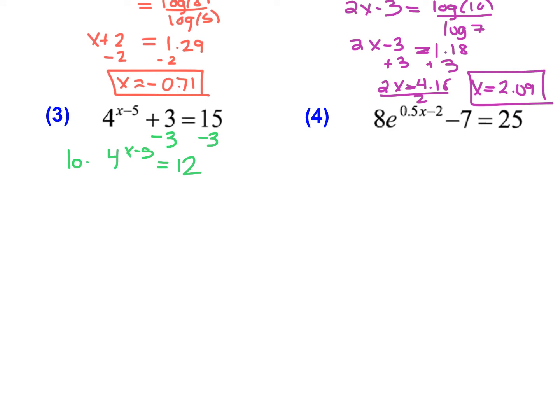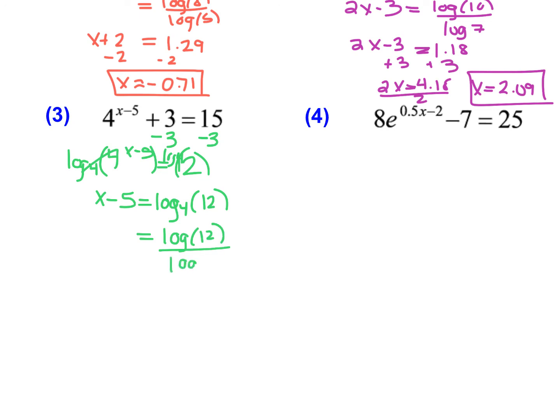So we're going to do log of base 4 to undo the exponent, log of base 4 on this side as well. The bases undo each other, so we're left with x minus 5 is equal to log base 4 of 12. We then use our change of base formula, so we have log 12 over log of 4.